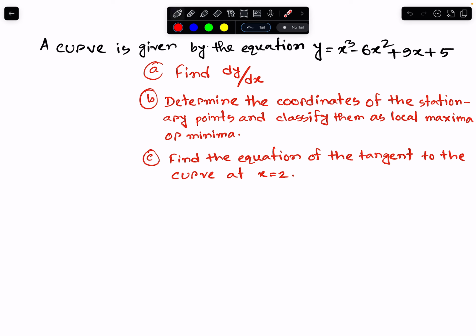So let's dive in. For the first question, A, we have to find the derivative of y, I mean the equation, the curve. So let's first differentiate, okay? So our equation is y equals x cubed minus 6x squared plus 9x plus 5.